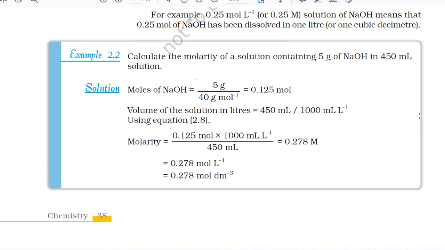Using equation 2.8, molarity equals 0.125 mole into 1000 ml per liter upon 450 ml, which is 0.278 molar, equal to 0.278 mole per liter, equal to 0.278 mole per cubic decimeter.